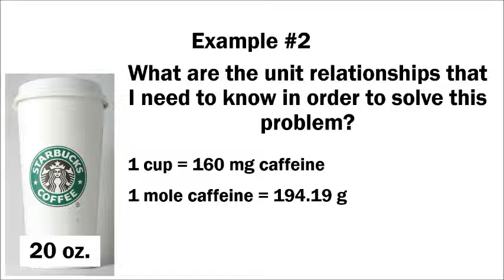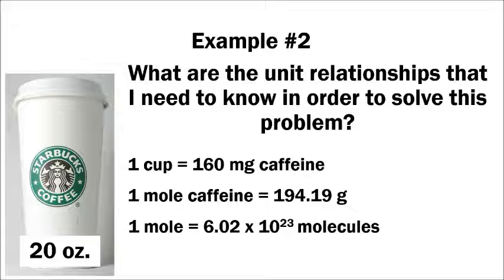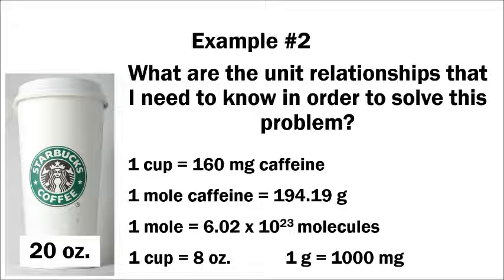You would also need to know that 1 mole of anything contains 6.02 times 10 to the 23rd molecules. That's Avogadro's number. You would have to convert from ounces to cups, so knowing that there are 8 ounces in 1 cup. And then finally, you would have to convert between grams and milligrams, knowing that there are 1,000 milligrams in 1 gram.